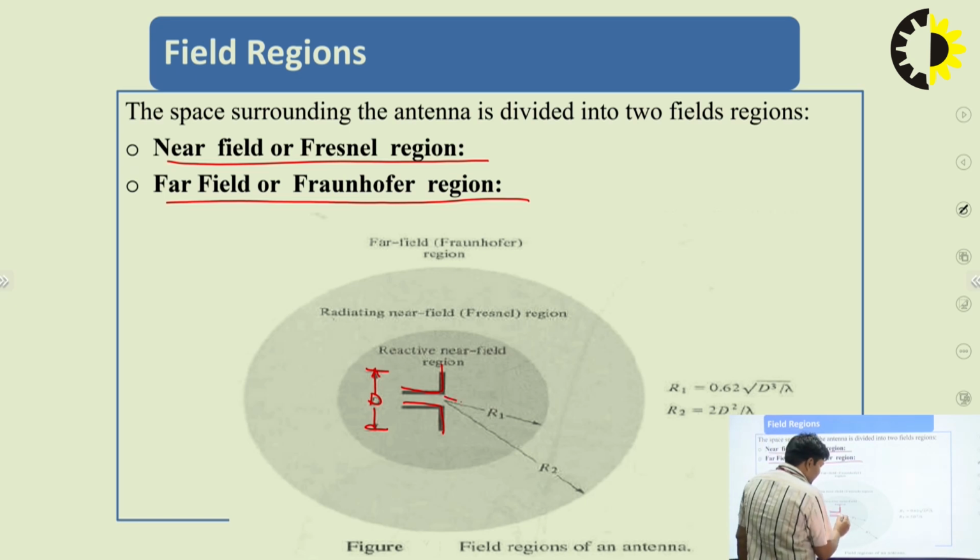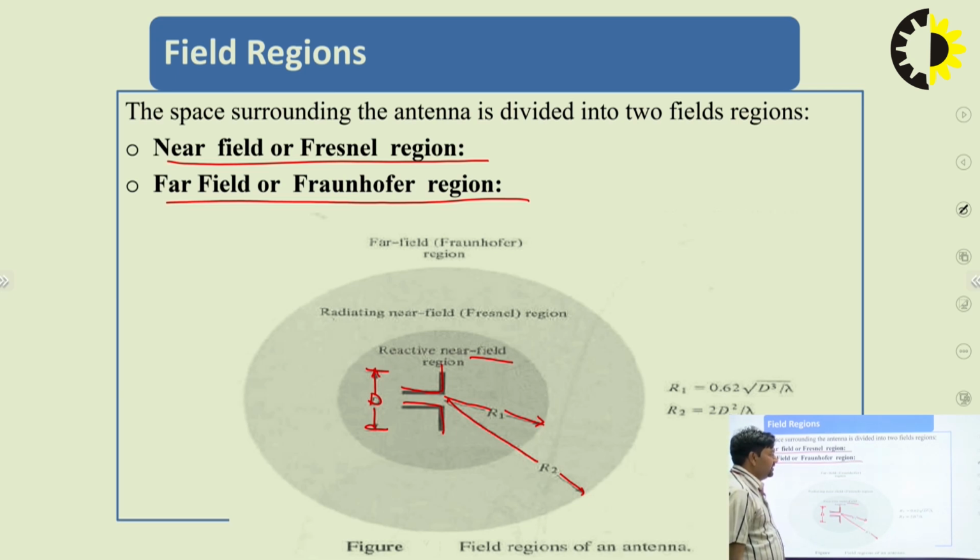So the radiation distance R1, and this is the radiation distance R2. How do we calculate what is the reactive near field region, what is the radiating near field region, and what is the far field region or Fraunhofer region?